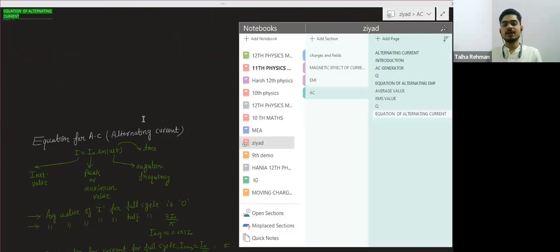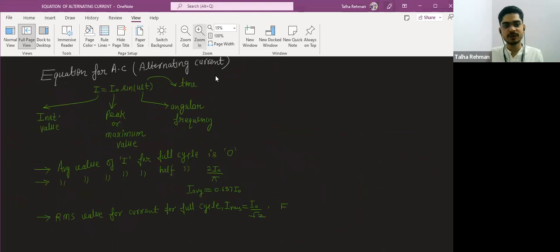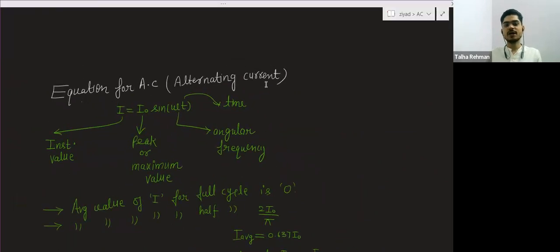After that, equation of the alternating current is same as that of equation of EMF. So this is the equation of alternating current: I is equal to I naught sin omega t. What is the equation of alternating EMF? E is equal to E naught sin omega t. And what is I?